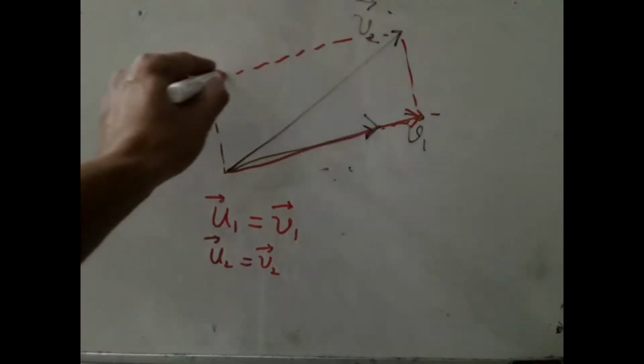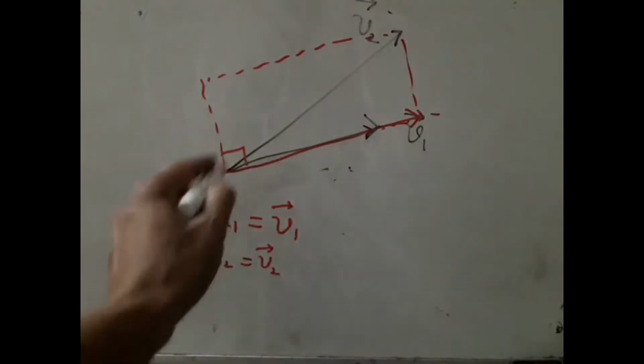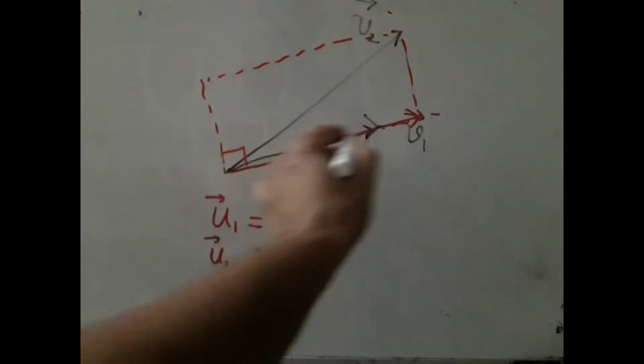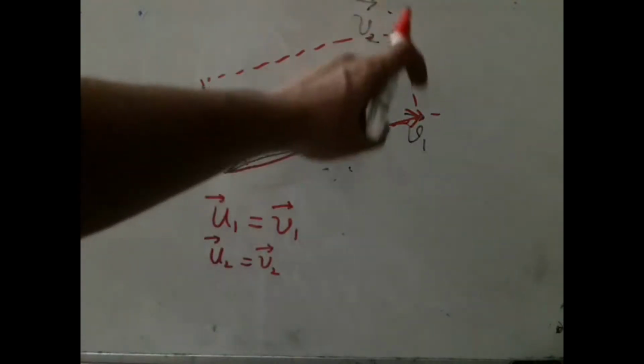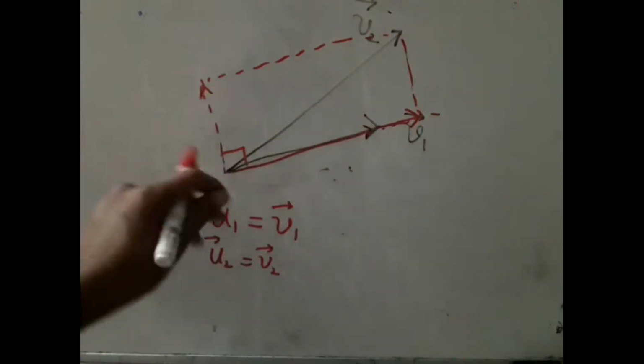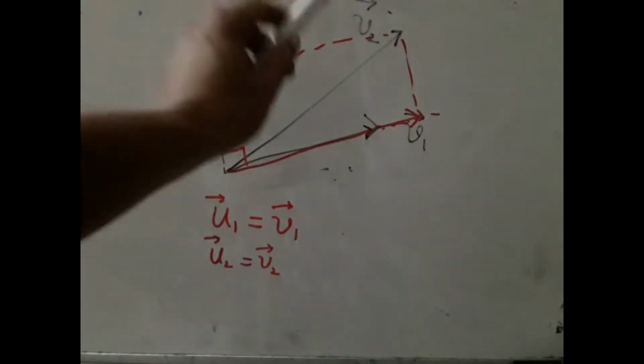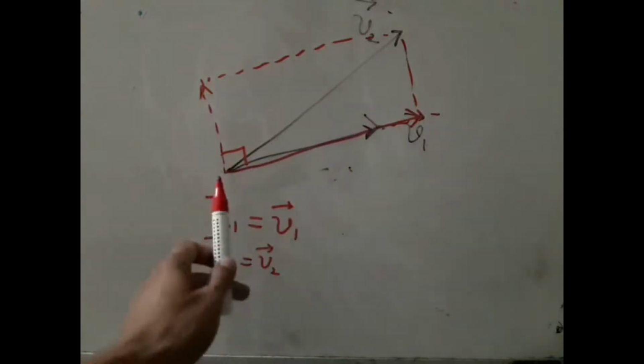Consider this rectangle of force, a parallelogram of force where this is perpendicular. This component is the component of V2 along V1, and this is the component of V2 orthogonal to V1. And V2 is made out of this plus this.